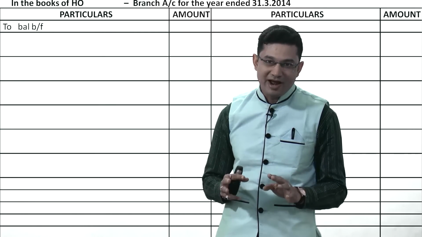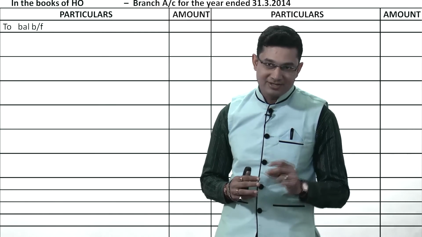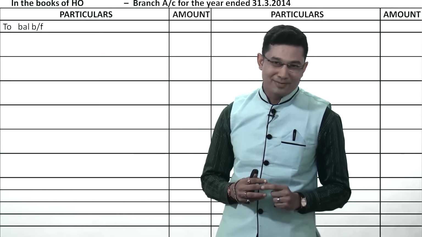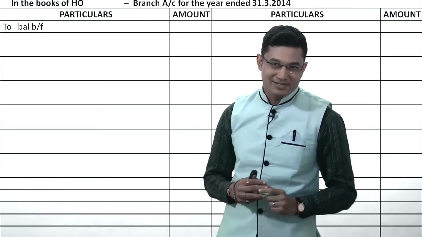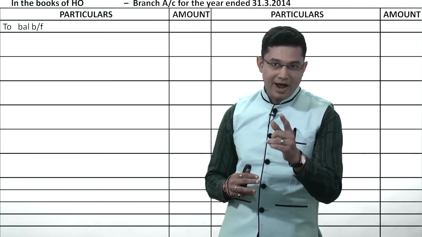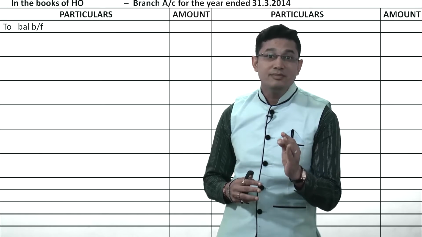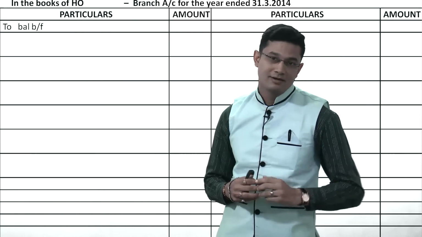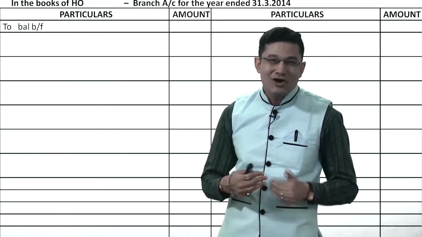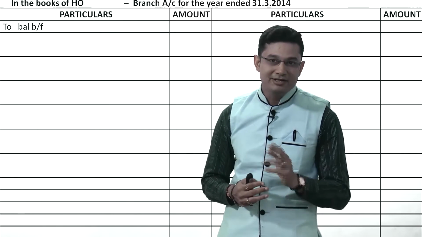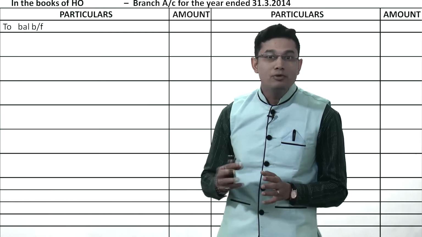At the time of recording, please consider that the opening and closing balance of branch stock will be recorded at invoice price, that is at 133.33, mind well. And stock reserve will be separately disclosed on the opposite side.